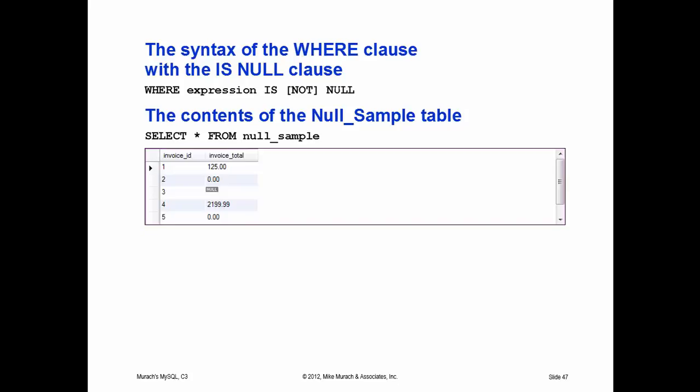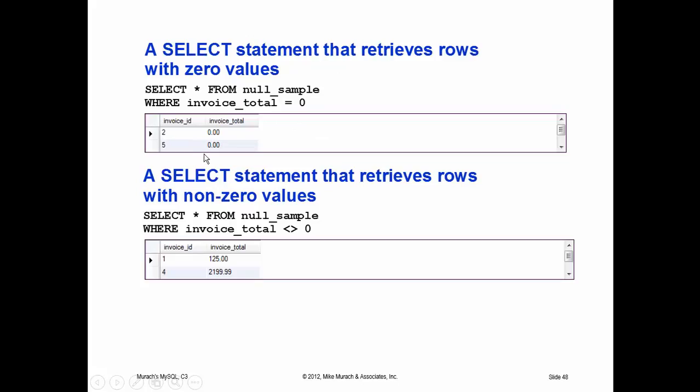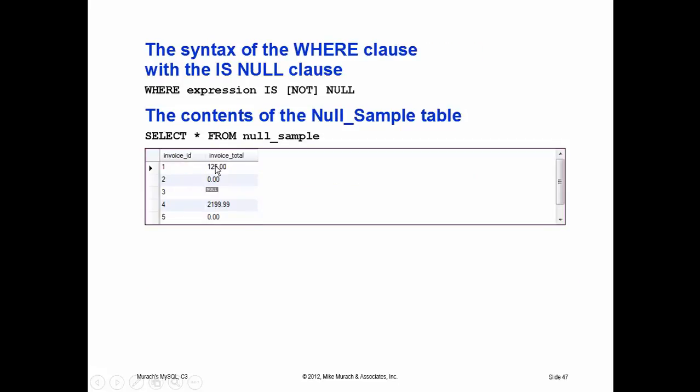All right? Okay, where expression is not null. So here it says select star from null sample, and you'll notice the invoice total for number 3, there isn't one. So if I say select star from null sample where invoice total is not null, all right, I'm going to get this one and this one, and I should really get these two also.